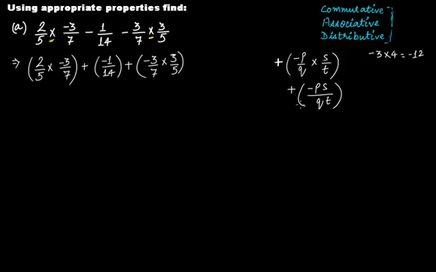So now if I open the bracket, what will this become? This will become minus ps over qt, and I can write this as minus p over q times s over t, exactly the same as what we have here, if I just open this bracket. So same thing I'm doing here. Now some of you can ask, can't we write it as 3 over 7 times minus 3 over 5?